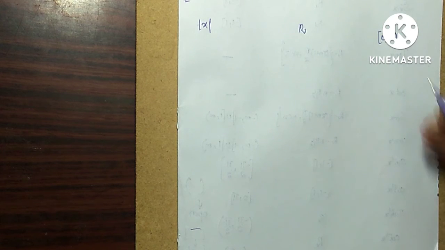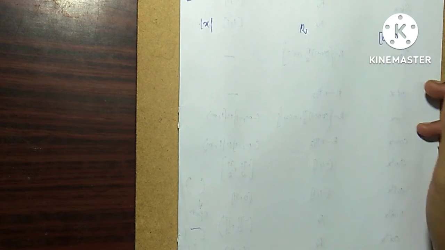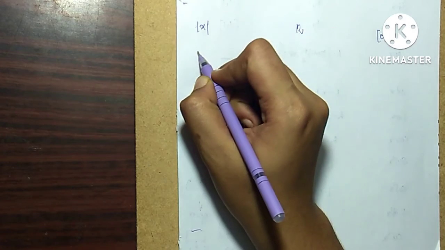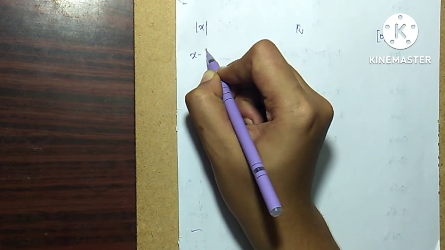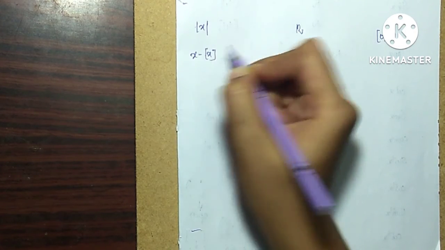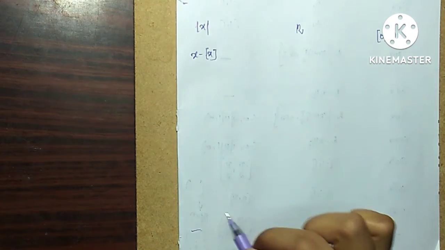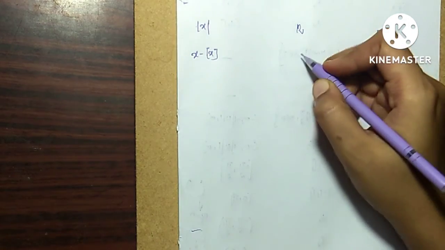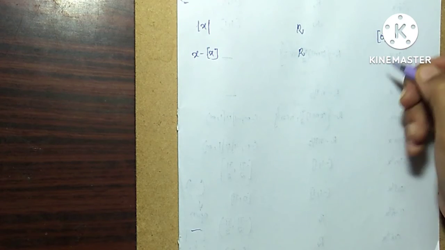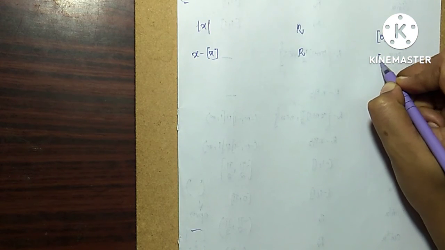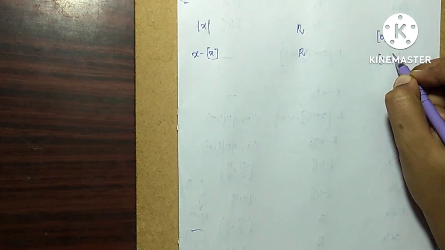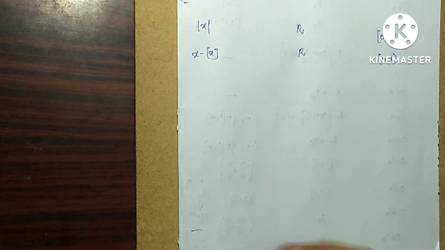For x minus the integral part of x, the domain is the real numbers and the range is closed bracket 0 comma 1 open bracket.